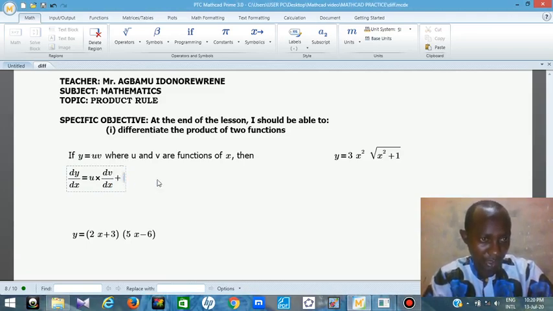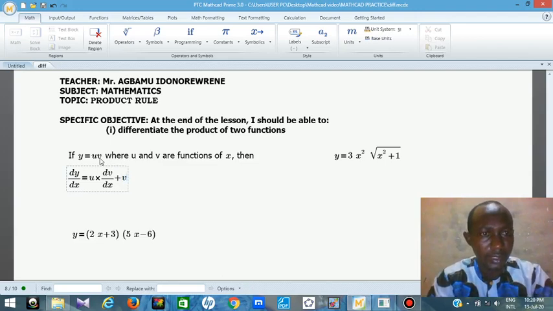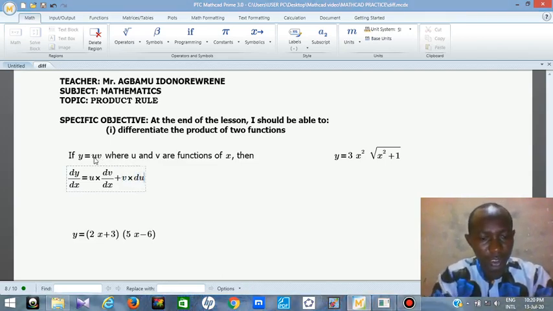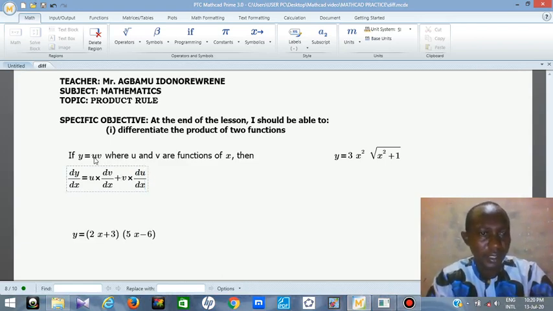Then plus, you pick the second function, which is v, then you multiply it by differentiation of the first function, which is du/dx.